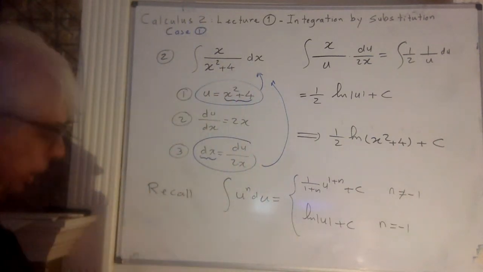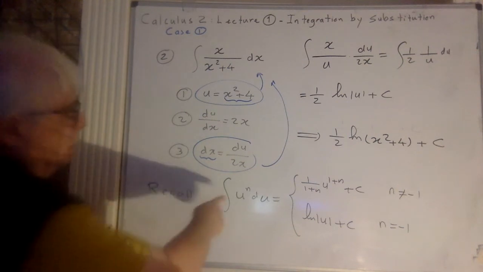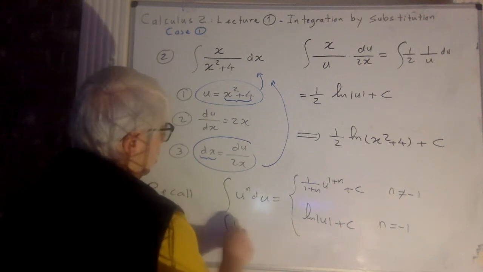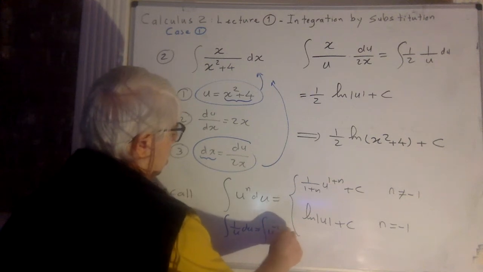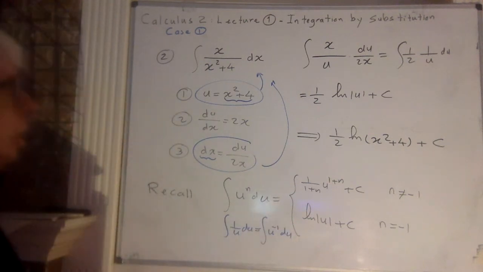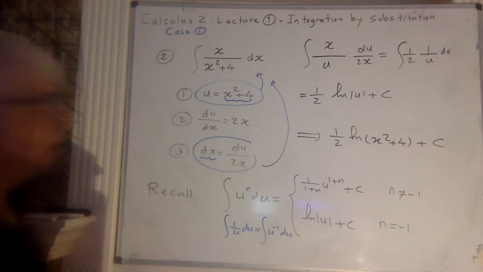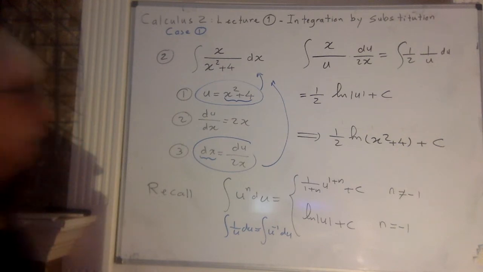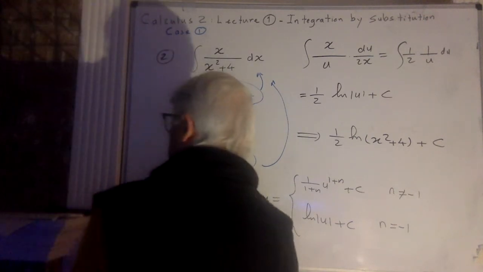So that was this second case. You see, 1 over u is u to the power -1. So when you see 1 over u, that is ln of absolute value of u, and don't forget the absolute value, because that expression might be negative, and it shouldn't be 0 or negative. It should be positive. Okay.